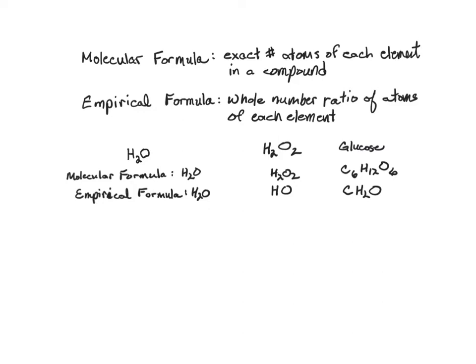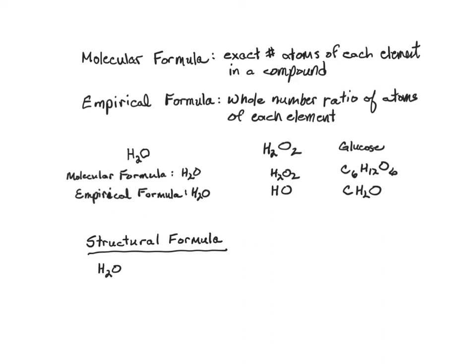Now, in addition to the molecular and empirical formulas, we also have what's called the structural formula. And the structural formula gives us a lot more detail than even the molecular formula, because it actually shows us where the atoms are, well, where they are physically within the molecule. Okay, so for example, we know that water is a combination of hydrogen and oxygen.